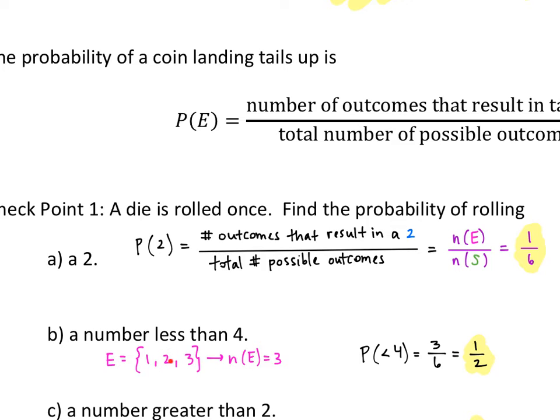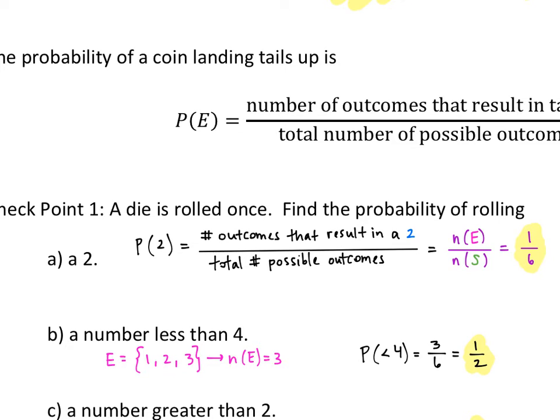So there are only 3 possible outcomes that result in a number less than 4. How many total outcomes are there? Again, there are 6 because it's a 6-sided die. So the probability of rolling less than a 4 is 3 over 6, and we always simplify that to whatever we can, and in this case, it's 1/2.